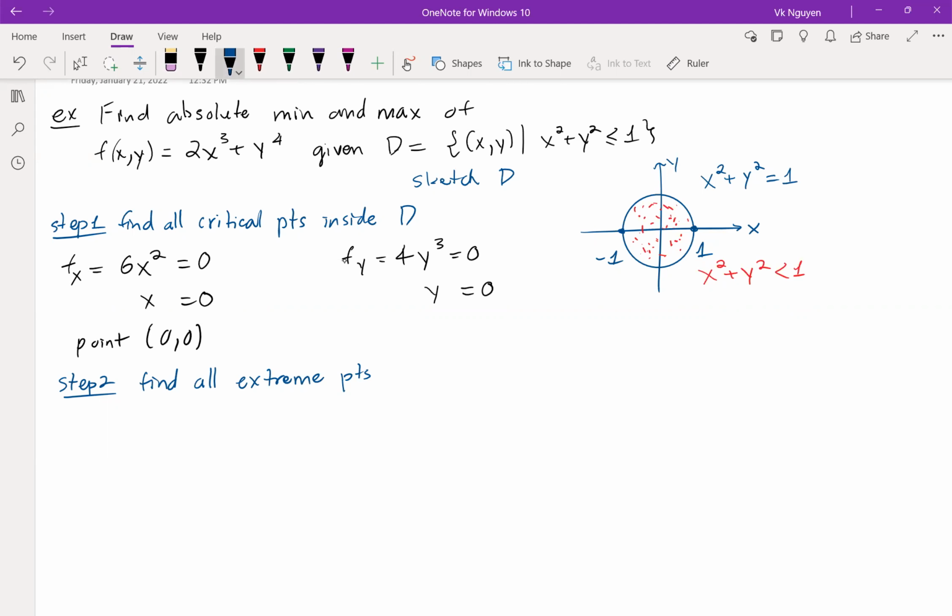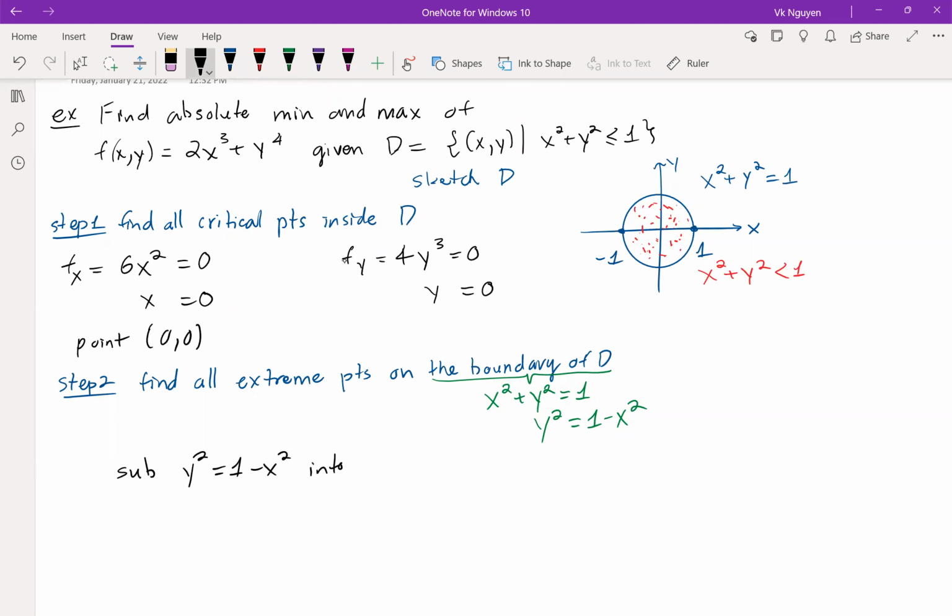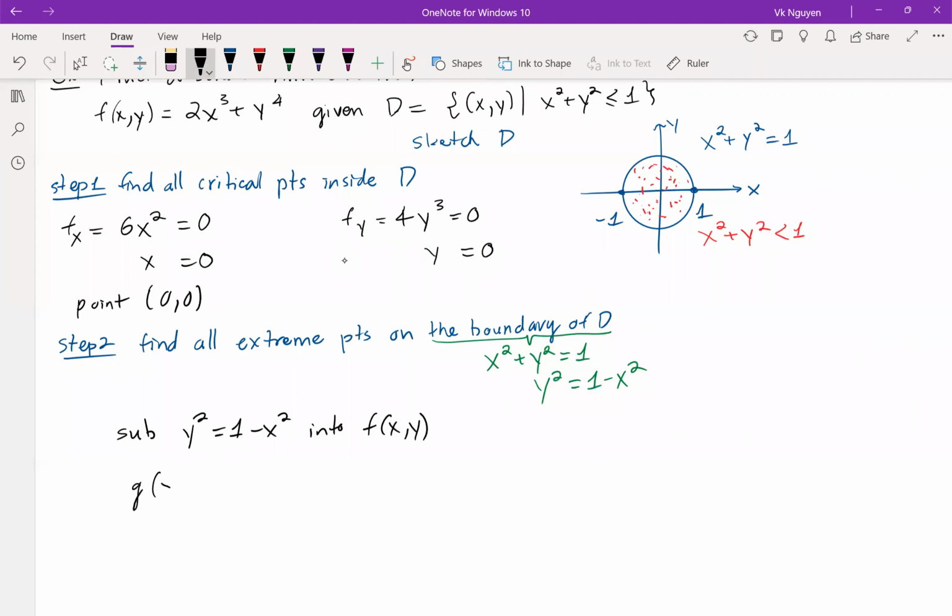On the boundary of D, y squared equals 1 minus x squared, substituted into f(x, y). So 2x to the 3 plus y squared, which is 1 minus x squared.